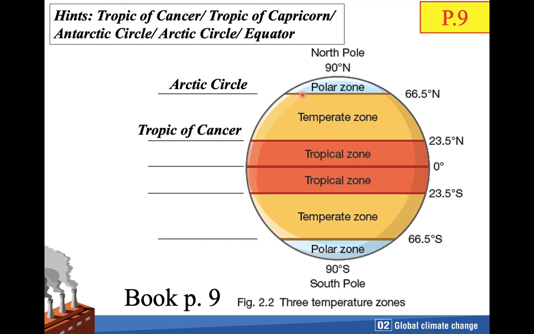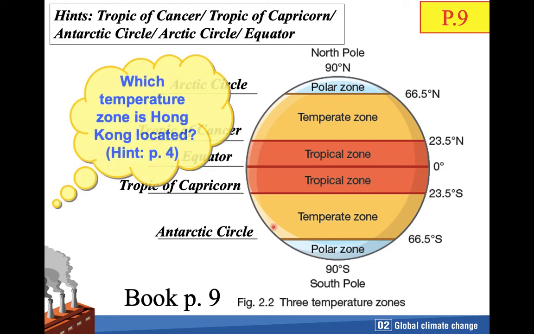The Tropic of Cancer is at 23.5 degrees north, and the equator is at 0 degrees, while the Tropic of Capricorn is at 23.5 degrees south, and last but not least, the Antarctic Circle is at 66.5 degrees south. Okay, so this is what you have learned in 1.5 as well.